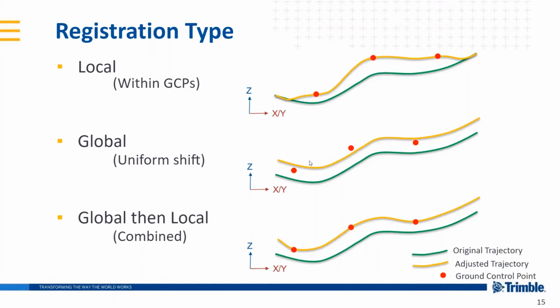And the last one, of course, by the name we can guess, is the combination of the local and global. So the software will not only apply a maximum adjustment at each point, but also will extend the adjustment after and before the control points.